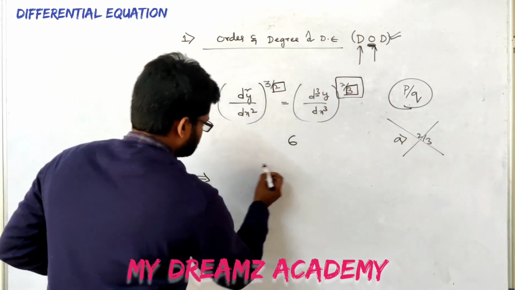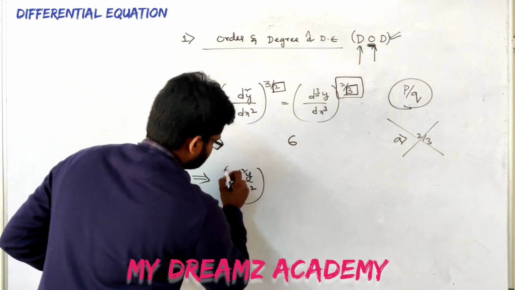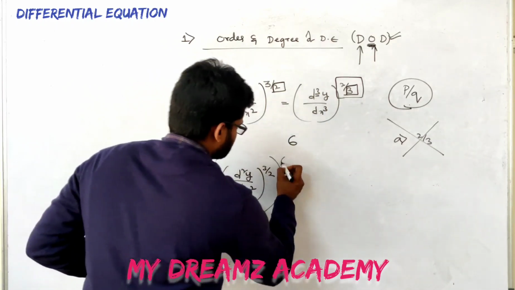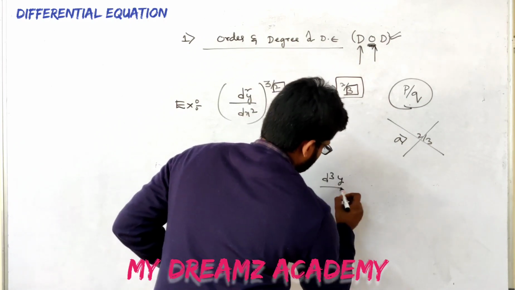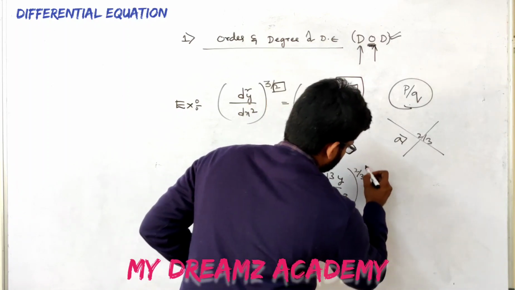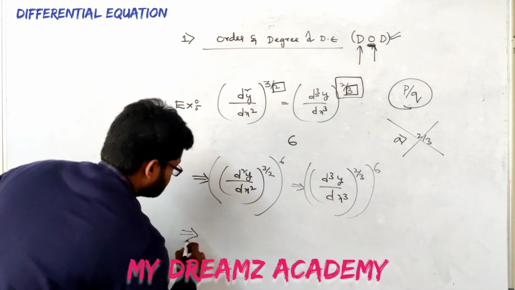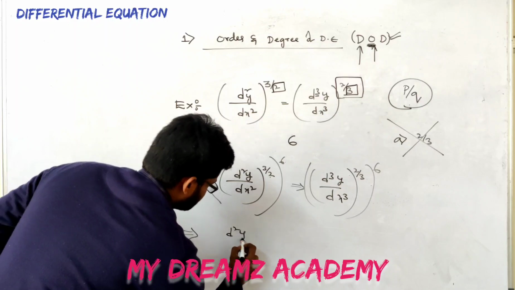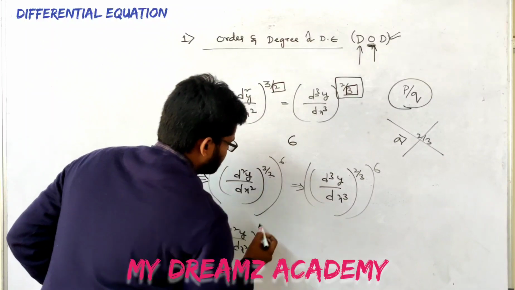You make d²y/dx² to the power 3 by 2, use the power 6 for this on both sides. d³y/dx³ to the power 2 by 3, power 6. Do multiply: 3 by 2 into 6.